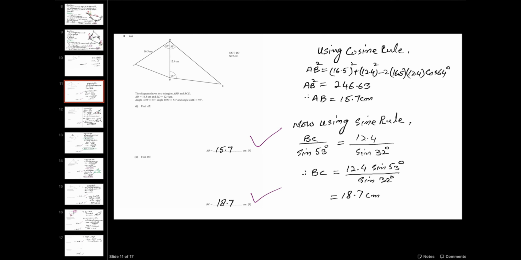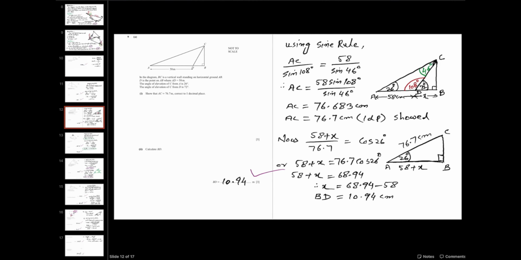Now BC upon sine 53 degrees is equal to 12.4 upon sine 32 degree. Therefore BC is equal to 12.4 times sine 53 degree upon sine 32 degree, which is equal to 18.7 centimeter. So the length of side BC is 18.7 centimeter.